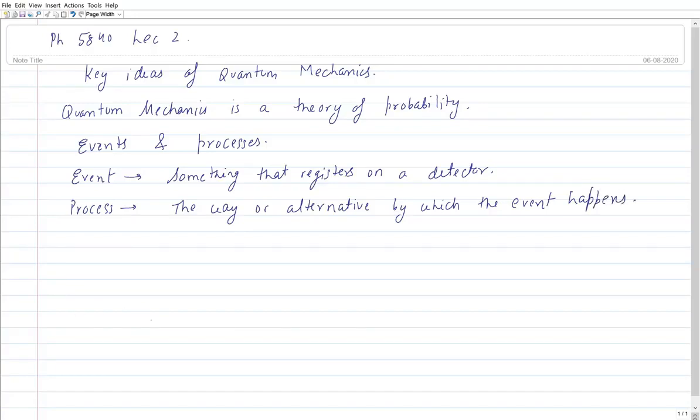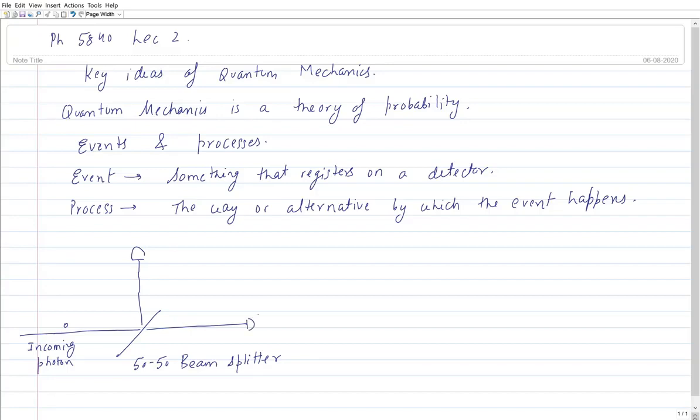So for example, let's say I have a 50-50 beam splitter, and I have an incoming photon. A 50-50 beam splitter, half of the time, will just transmit the photon and half of the time it's just going to reflect the photon.